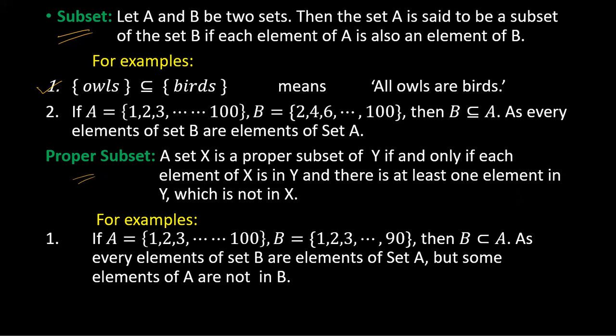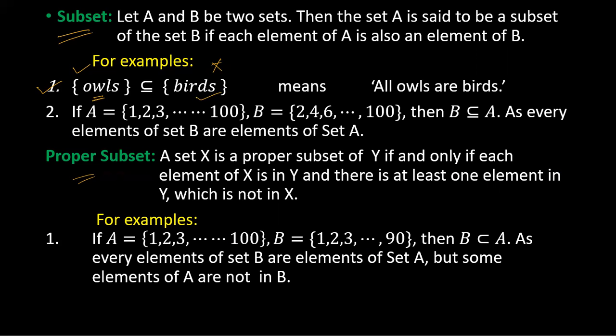Owls are a subset of birds because every owl is a bird, obviously. So each element of this set is contained in this set. So the set of owls is a subset of the set of birds.